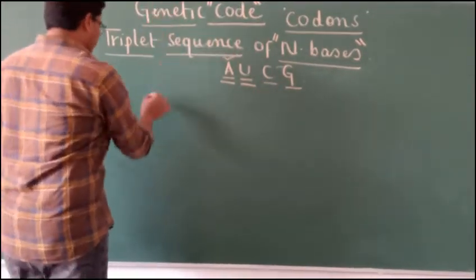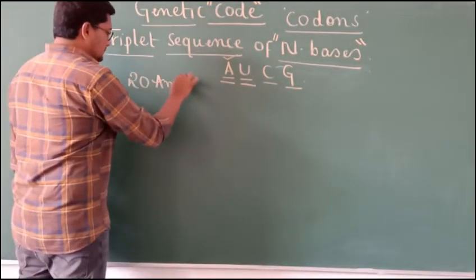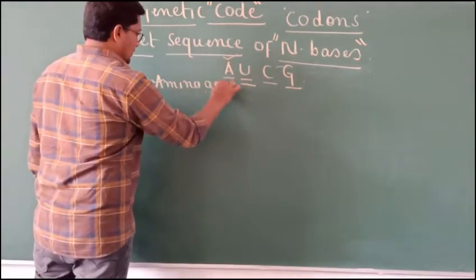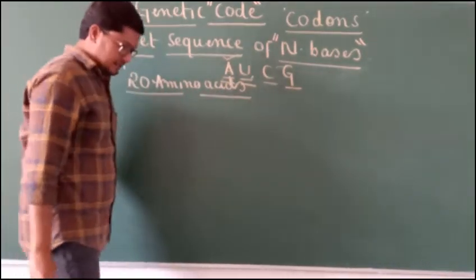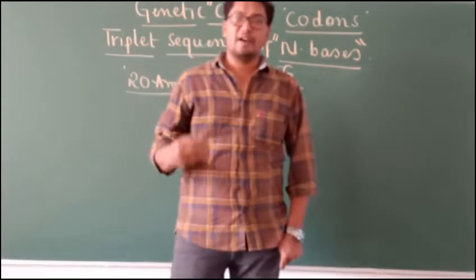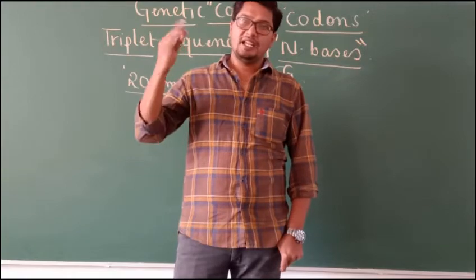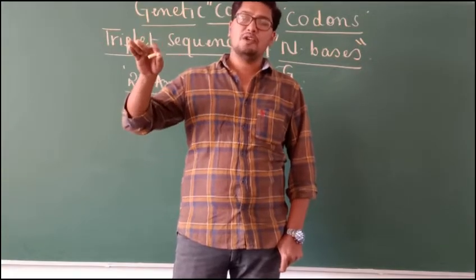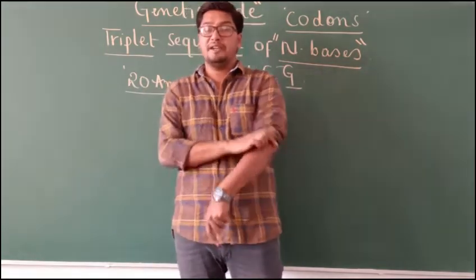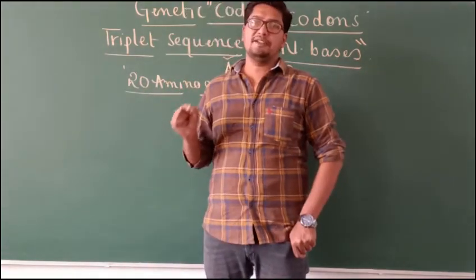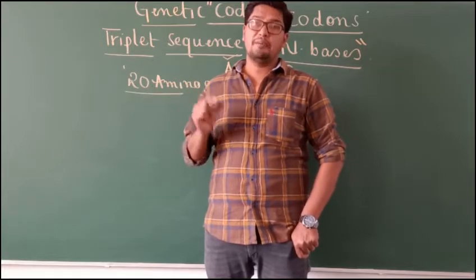To answer this question, first we have to know that the number of types of amino acids required for protein synthesis is always 20. In any organism, for the synthesis of a polypeptide, 20 amino acids are required, which is why they are said to be standard amino acids.